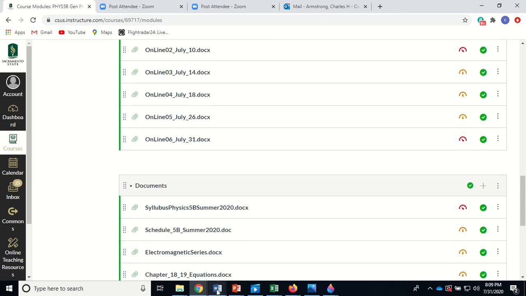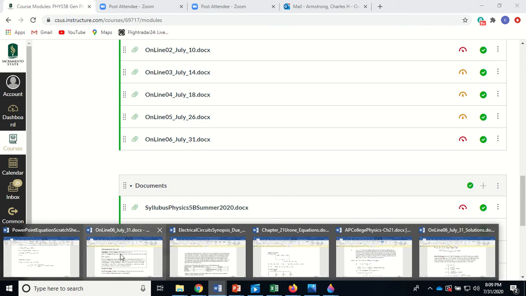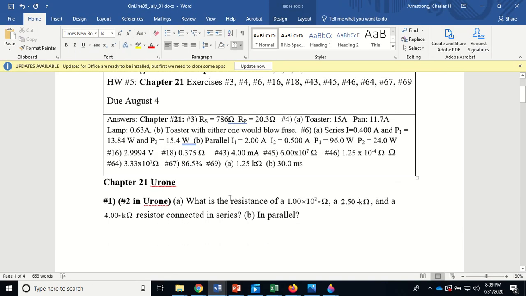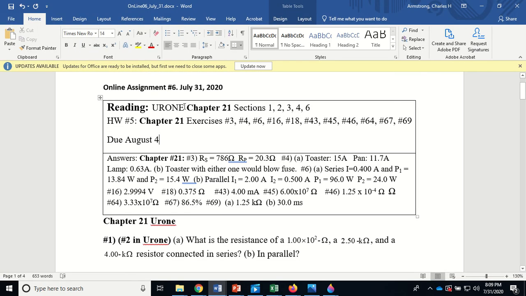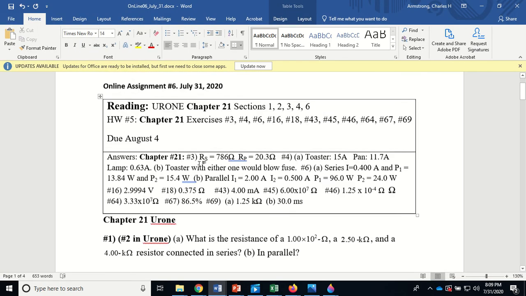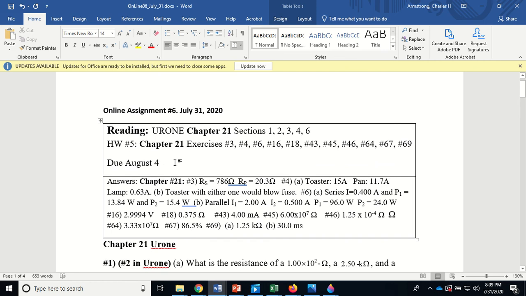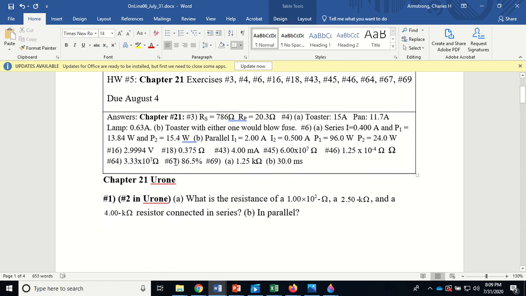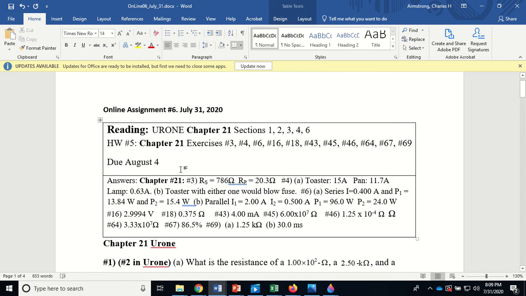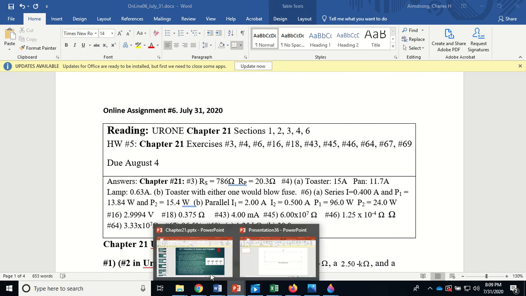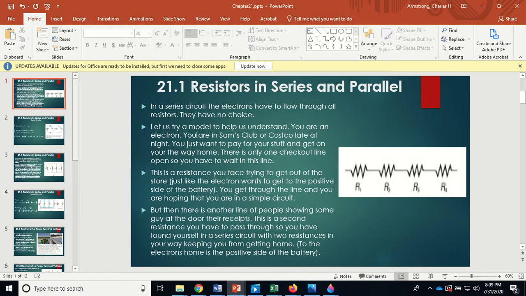There's the new homework, which is Chapter 21, due August 4th, which is the day of our second exam. Okay, so let's start off with the PowerPoint, and we're at Chapter 21.1, Resistors in Series and Parallel.